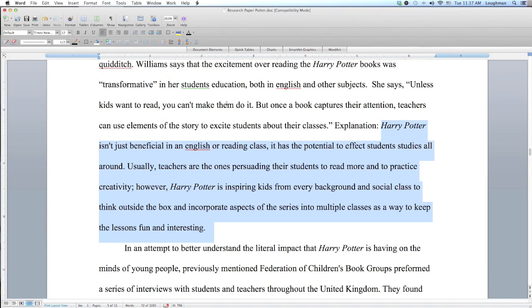However, Harry Potter is inspiring kids from every background and social class to think outside the box and incorporate aspects of the series into multiple classes as a way to keep the lessons fun and interesting. So this is her opinion in here. She's not citing anybody. This is what she thinks, and she gets it from this example.